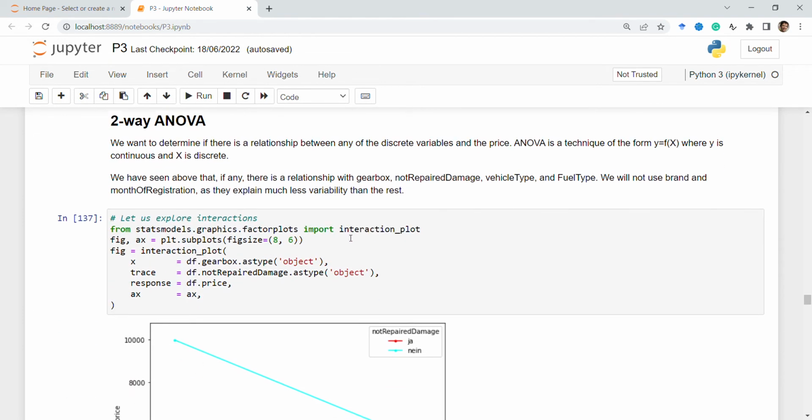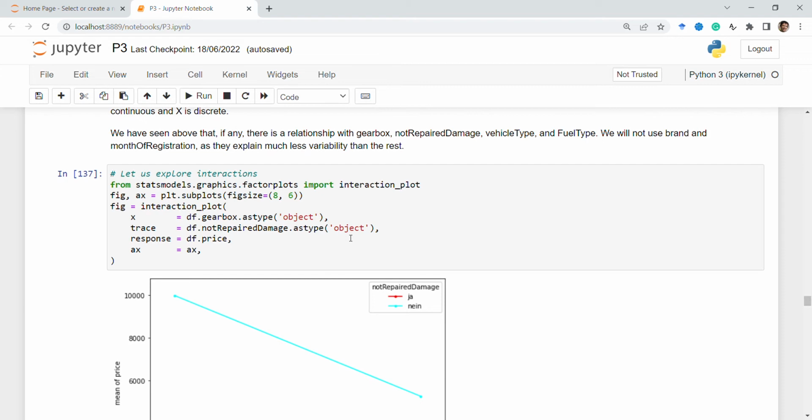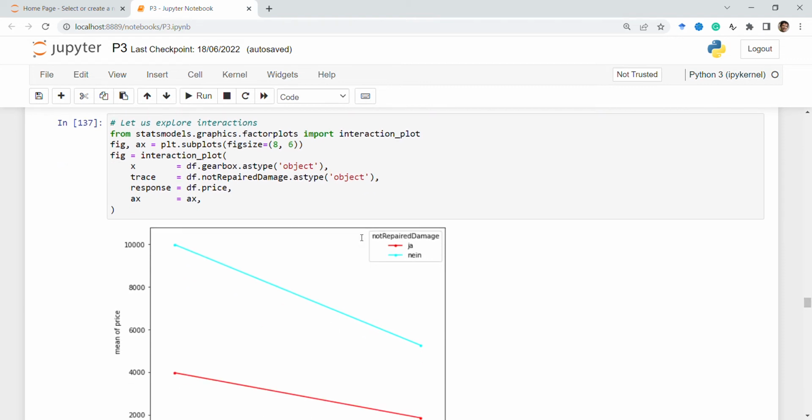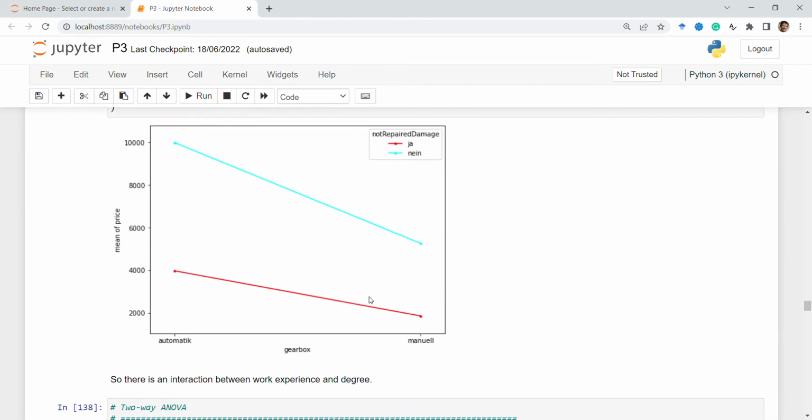Okay, so as we did in the previous practice, we will use this interaction plot. If there is a shift between the two lines, that means that the not repair damage makes a difference. If the slope is not flat, that means that the gearbox makes a difference. And if the two slopes are different, that means that there is an interaction between the two.